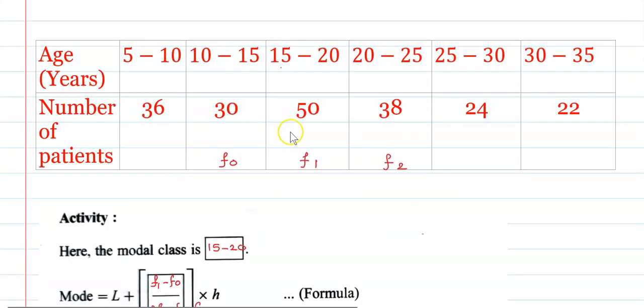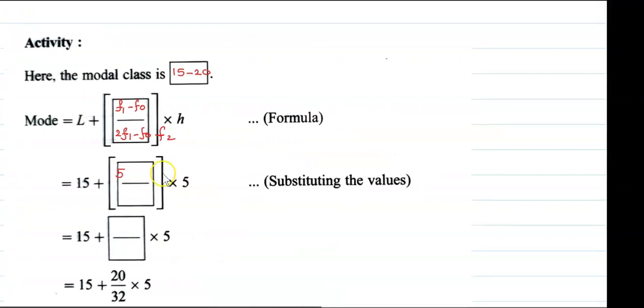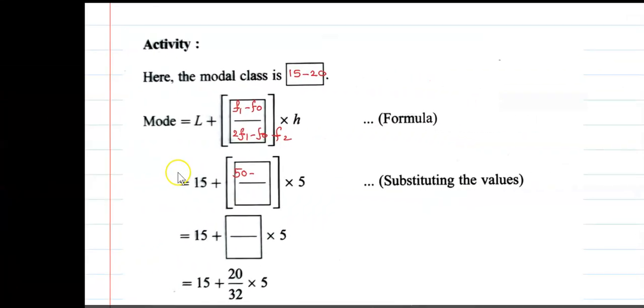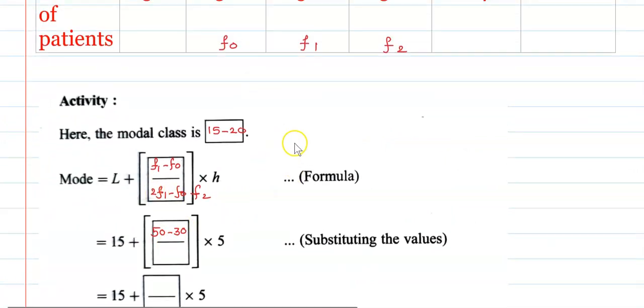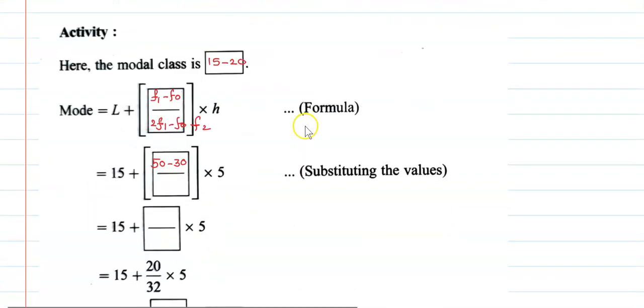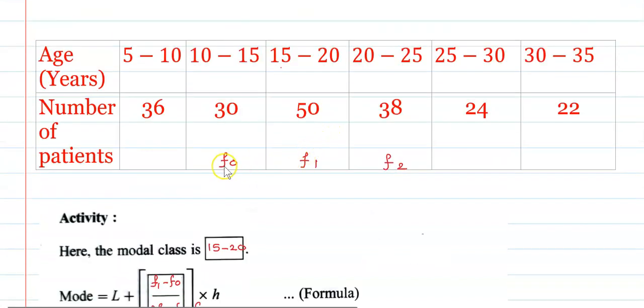Now substitute the values. F1 minus F0, 50 minus 30. Substitute the values. 2 times F1, that is 2 into 50, minus F0. What is F0?